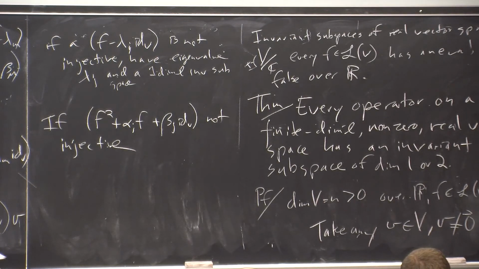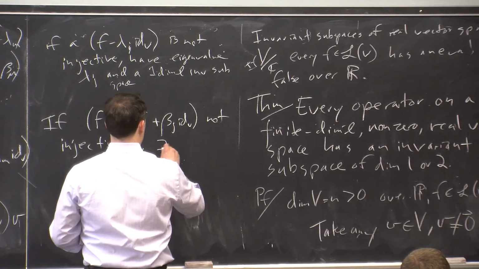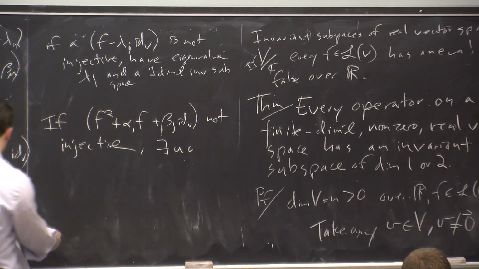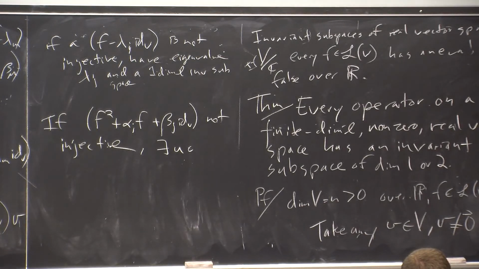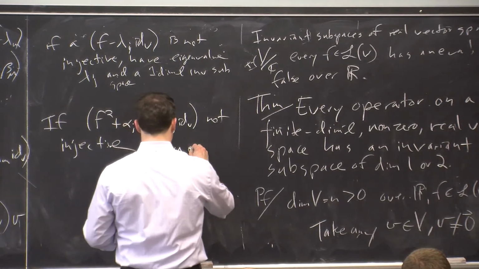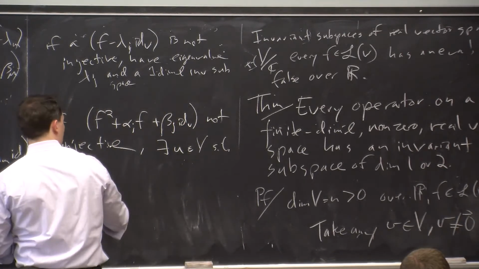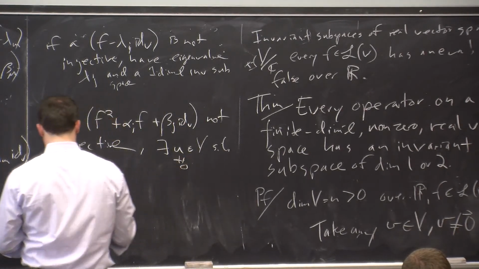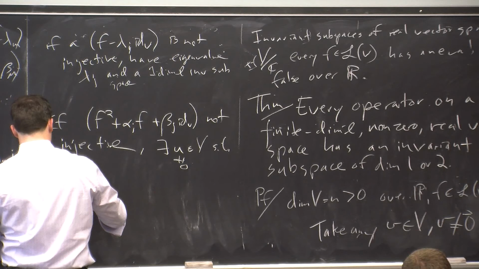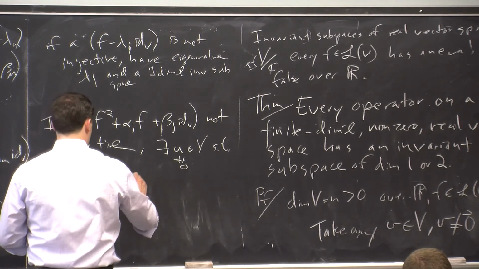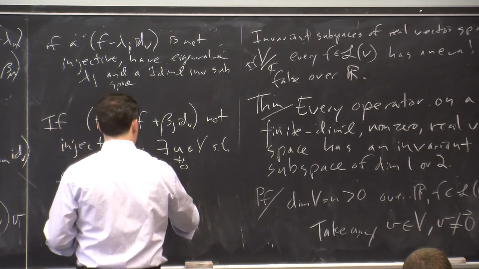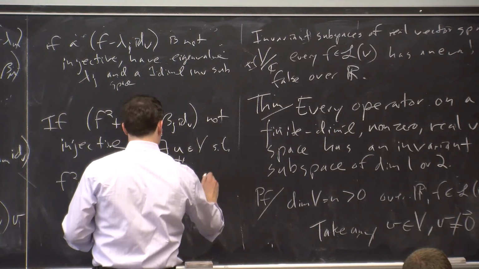In other words, there exists some vector u, which you can think of as the result of the intermediate steps. Maybe I do this a bunch of times and I get a u, and then this guy kills it. So there has to be some u in V such that u is not 0, and f squared u plus alpha j fu plus beta j u is equal to 0.